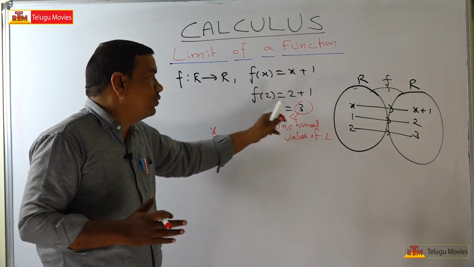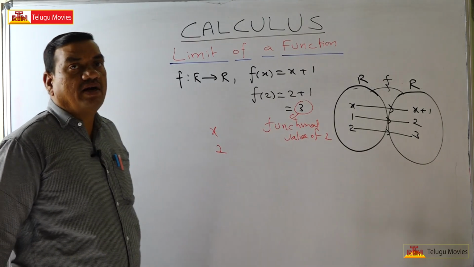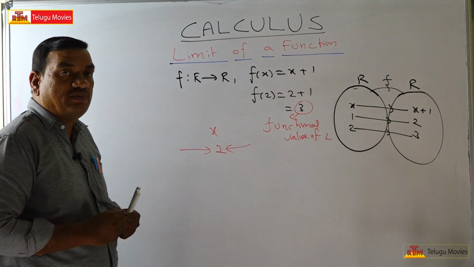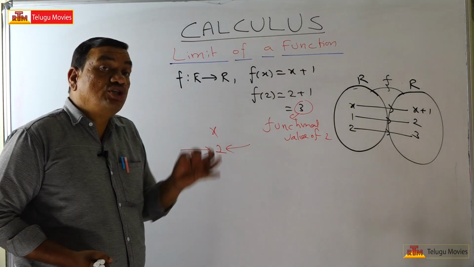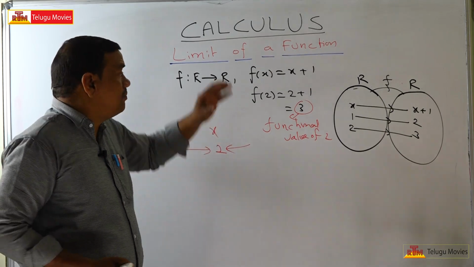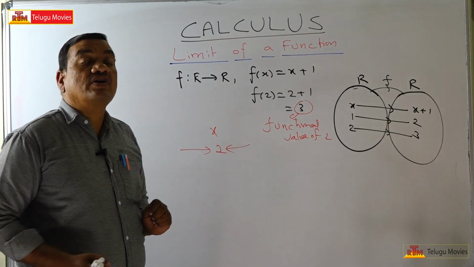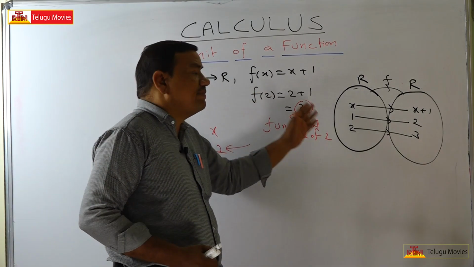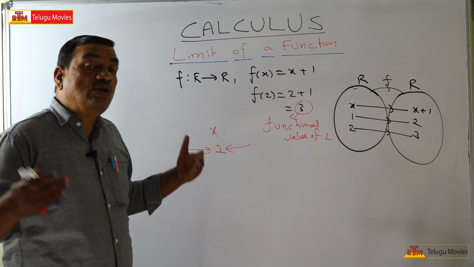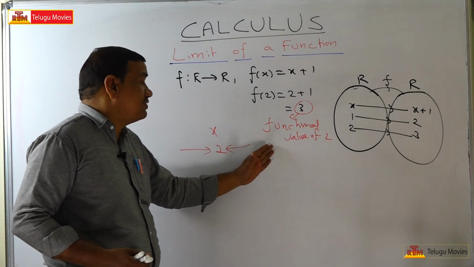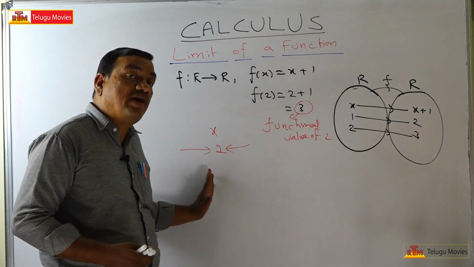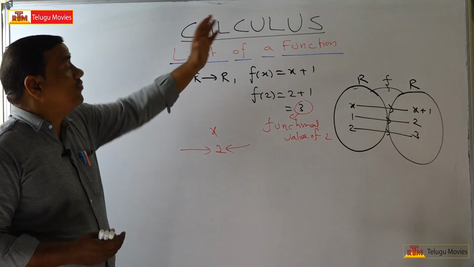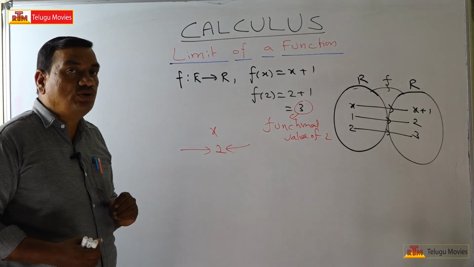At exactly 2 the image is 3, but as the variable x approaches 2, what is the behavior of the function f of x is equal to x plus 1? How does it move, if it approaches from the right side and from the left side?